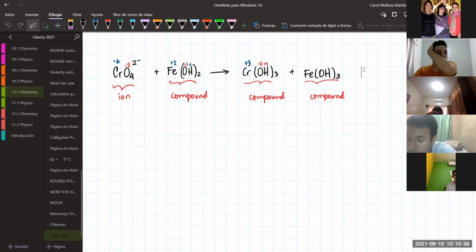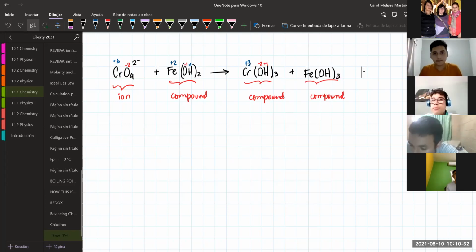Now, this 3 tells me the charge of what element? Iron. So iron will be plus 3, oxygen -2, and hydrogen plus 1.